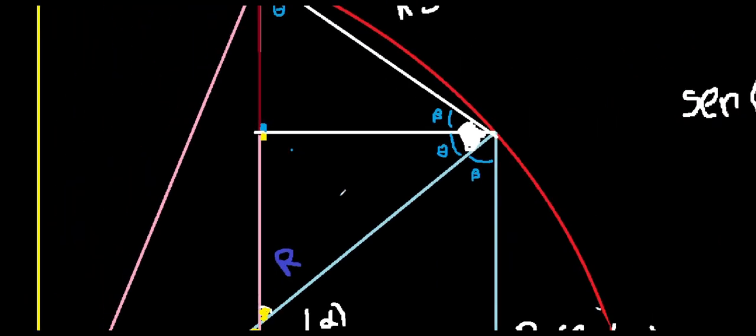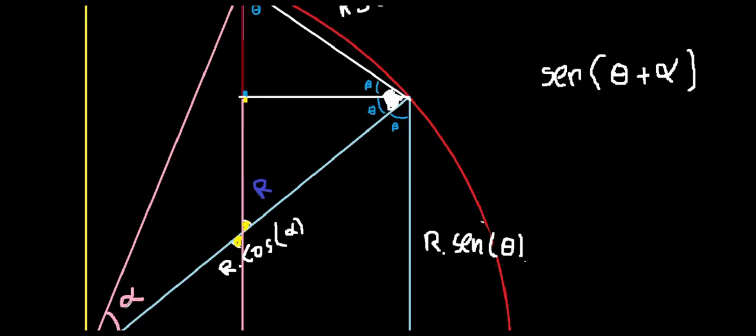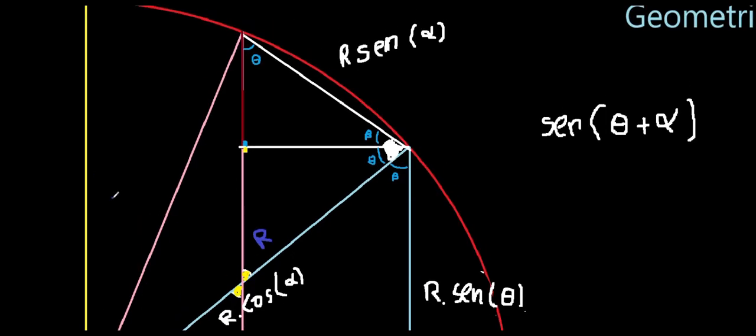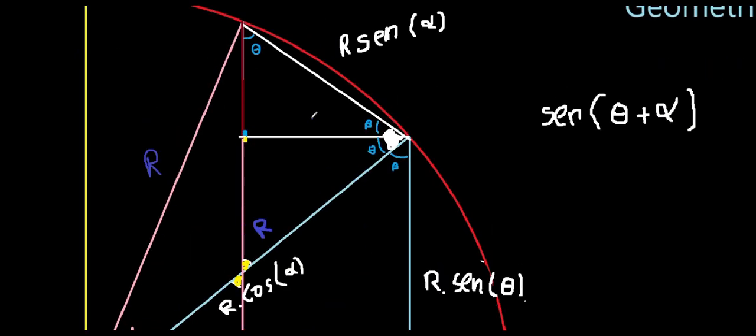So this is theta, because this is perpendicular. We can know that the radius at this alpha is the blue R, with this sine of alpha.